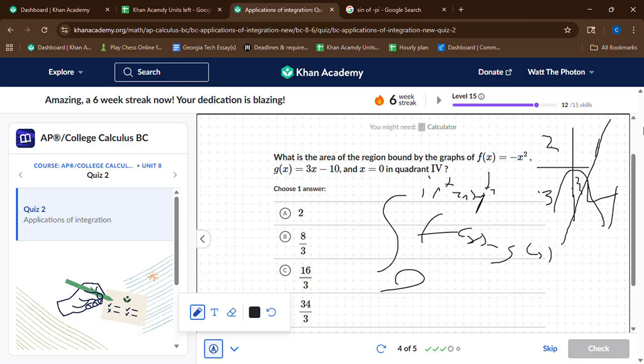Okay, so negative 5 is an intercept. It crosses twice, right? This is a problem. And so it crosses twice.